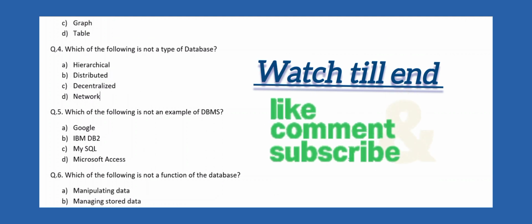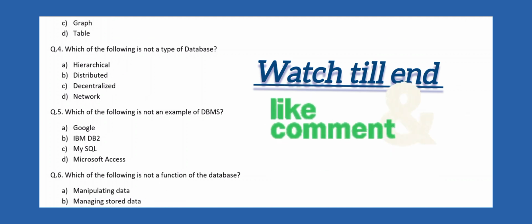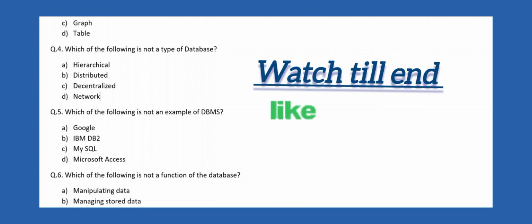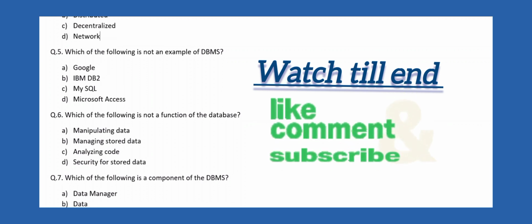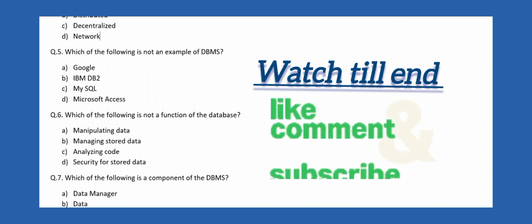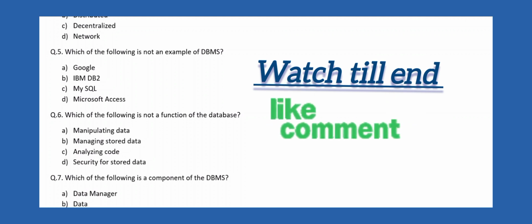Fine. Come to question number 5. Which of the following is not an example of DBMS? Fine. So come to the options available. First option is Google. Second option is IBM DB2. Third option is MySQL. And fourth is Microsoft Access.